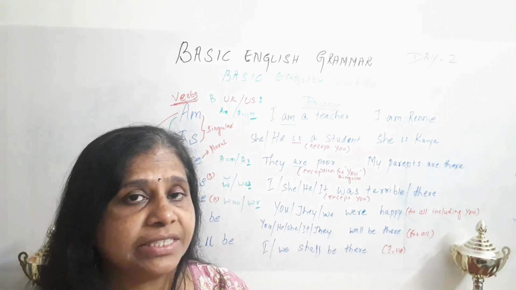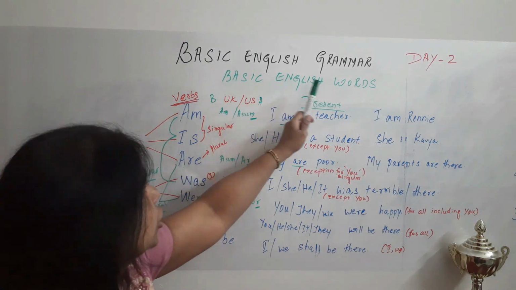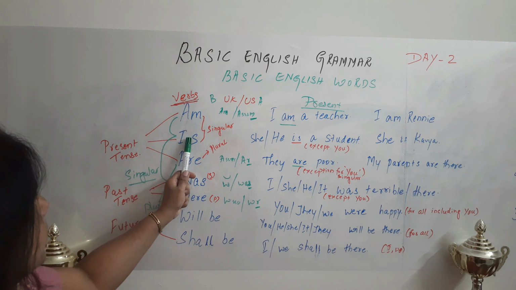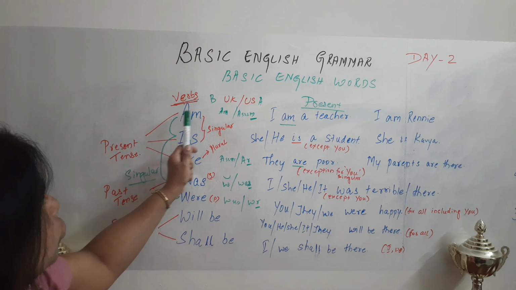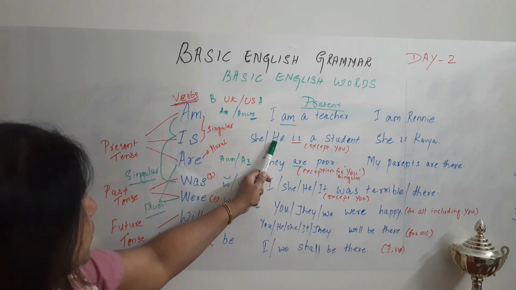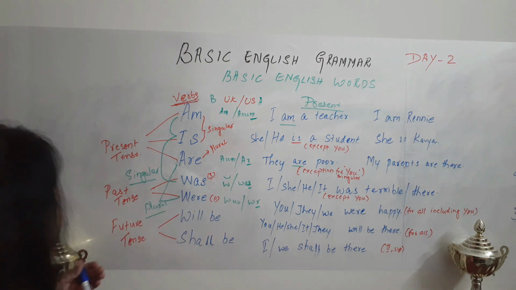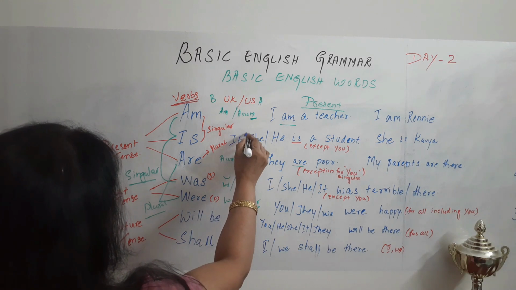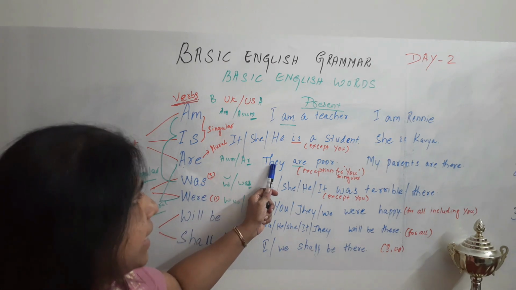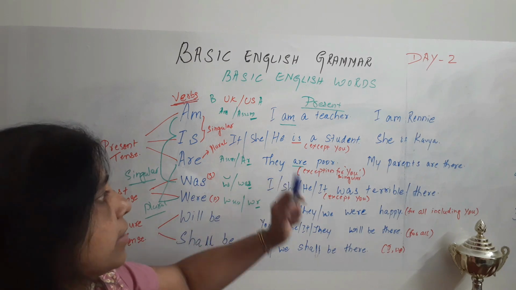Today's concept is very simple. We have learnt about the basic English words, that is verbs. They are "am", "is" and "are". "Am" is used for I, "is" is used for he, she and even it, and "are" is used for plural, they, that is "they are".